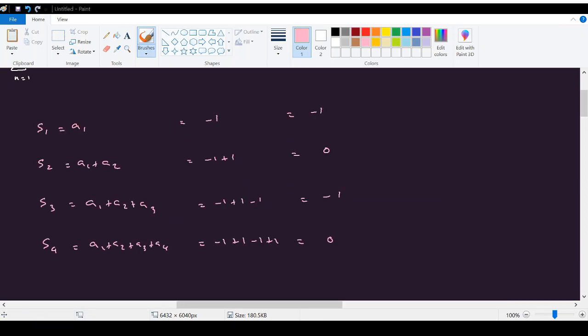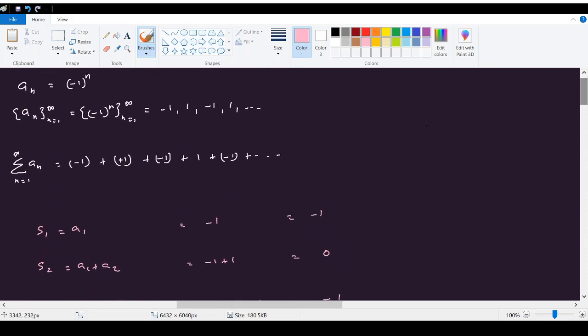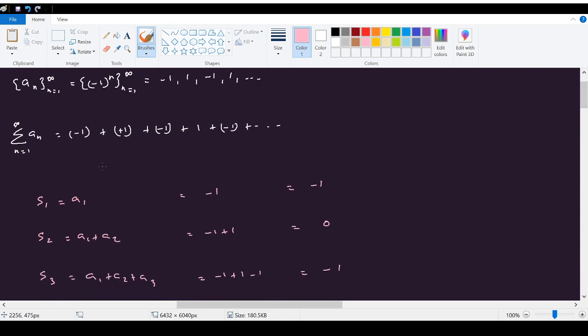Partial sums means S1 is the first term, S2 is the addition of the first two terms, that is -1 plus 1. And S1 is -1 and S2 is -1 plus 1. And S3 means the addition of the first three terms, and S4 means the addition of the first four terms.